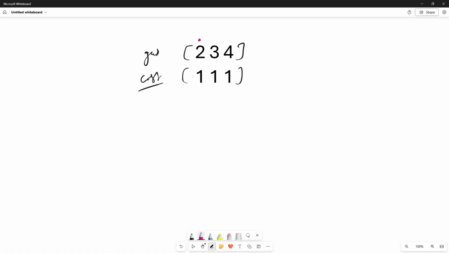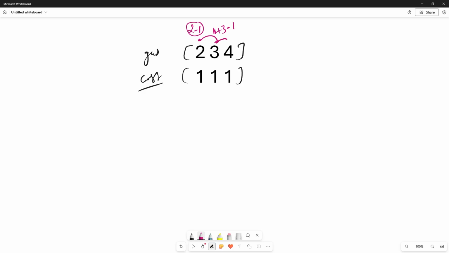Now at this index, you will take 2 units of fuel, but to move to the next gas station, you will have to pay the cost of 1 unit. Now this is greater than or equal to 0, which means you can move to the next gas station. When you reach the next gas station, you have 1 unit in your fuel tank, and you can fill 3 units here. But to move to the next gas station, you have to pay the cost of 1, and you have 3, which means you can move on.